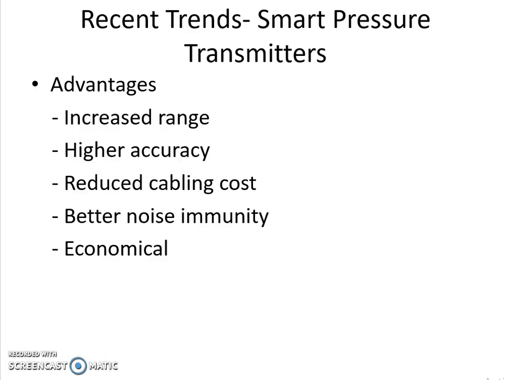They have a high range of operation and they are highly reliable. Other than these, there are other advantages also: increased range, as I told, high rangeability, higher accuracy, reduced cabling cost, better noise immunity, and they are more economical.